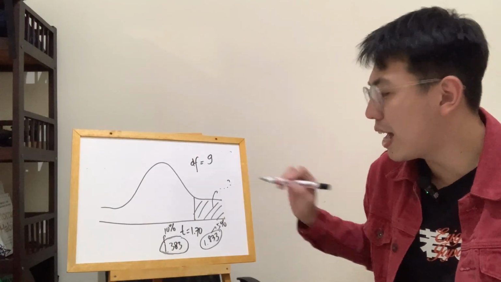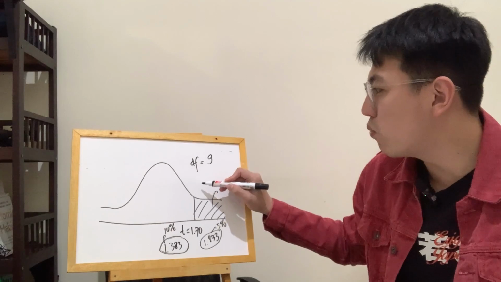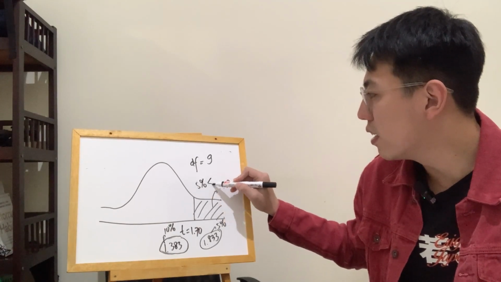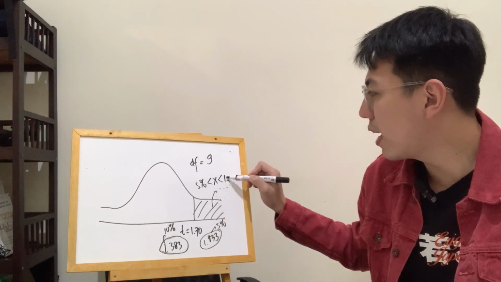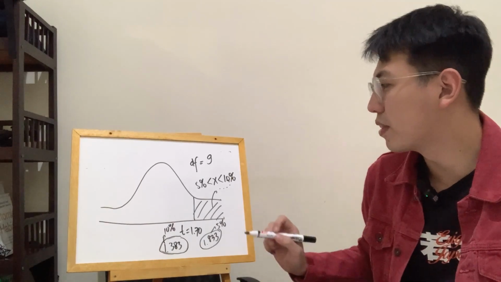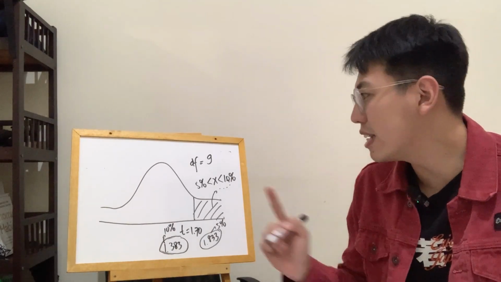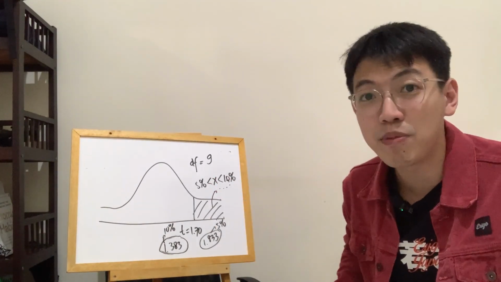So this shaded area ranges from 5% to 10%. Okay, so the range of the area is between 5% and 10%.